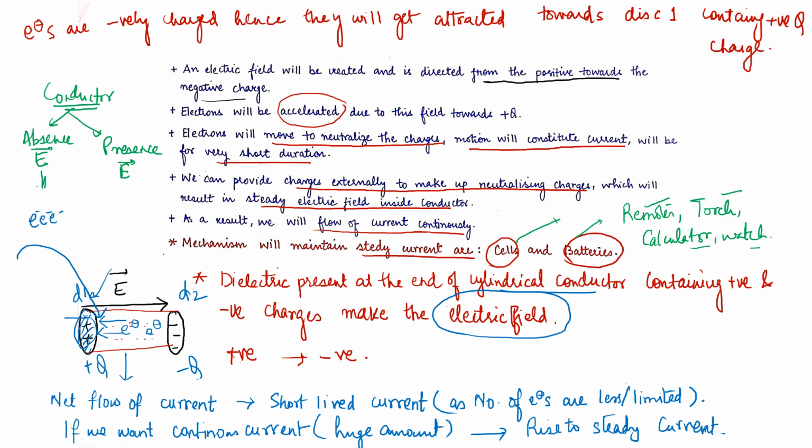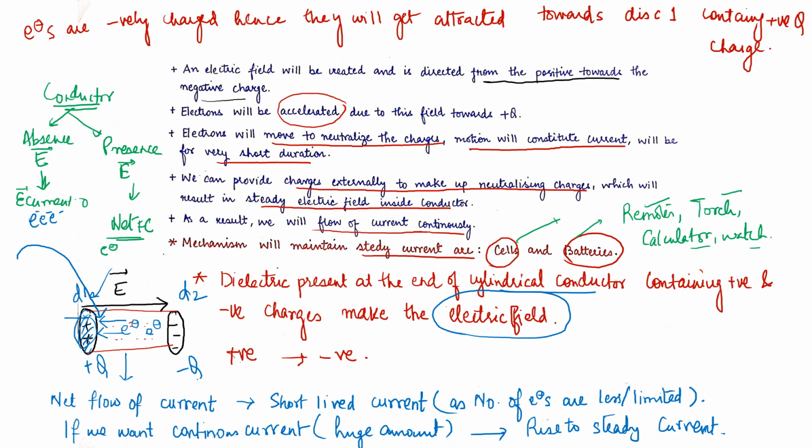In the absence of an electric field, there is no net electric current flow. The net electric current is zero. Whereas in the presence of an electric field, there is a net electric current flow due to the motion of negative charges towards the positive end of the electric field.